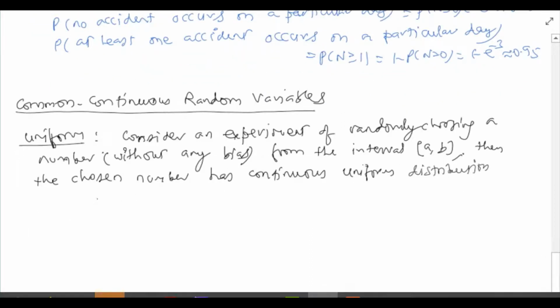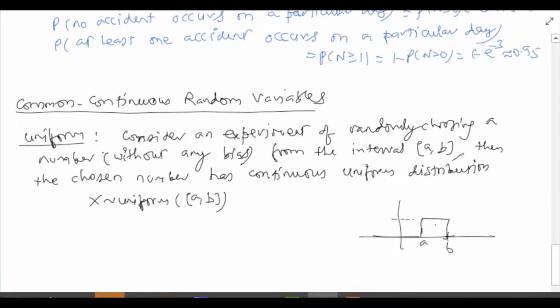So if X is uniform over AB, we have already seen that X will have a PDF that will be constant over the interval AB. We discussed this in the last lecture, and it will be 0 outside.